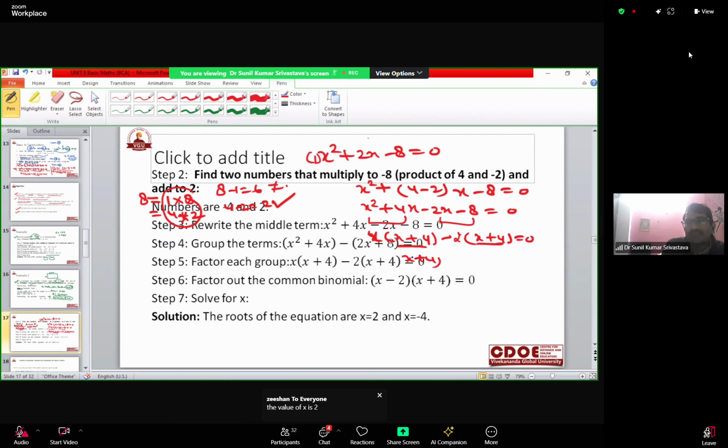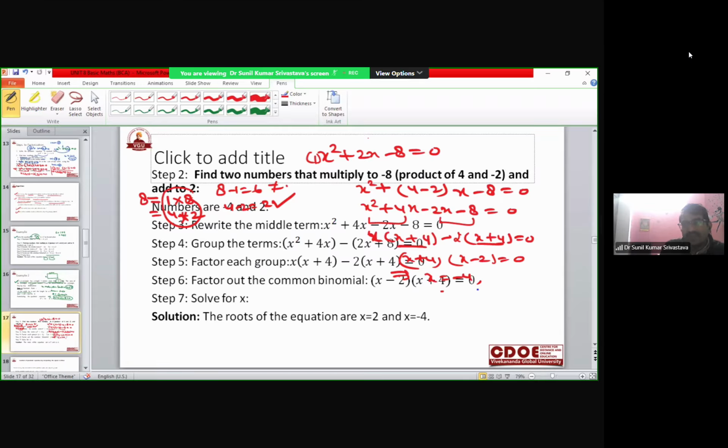Take the common x plus 4 here: x plus 4 and x minus 2 is equal to 0. This implies that x is equal to minus 4 and x is equal to plus 2. These are the roots of this quadratic equation.